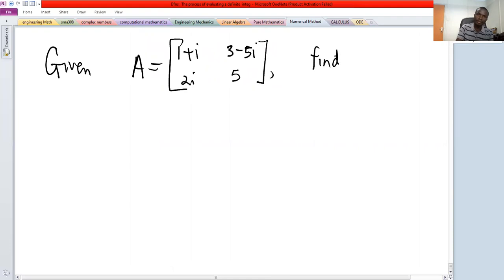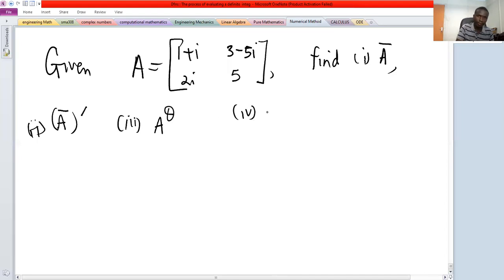Find, Roman 1, the conjugate of A; Roman 2, the transpose of the conjugate of A; Roman 3, A power theta; and Roman 4, A power theta raised power theta.